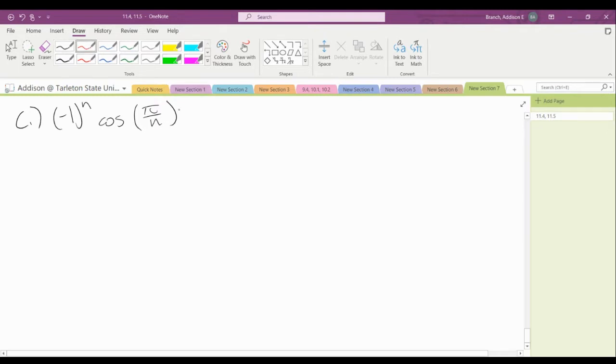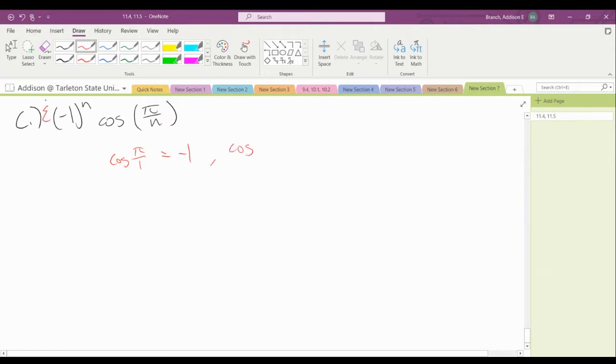For this one, once again, you can graph it, and it's pretty easy to plot points. So let's do cosine of pi over 1, where n equals 1, which is -1.